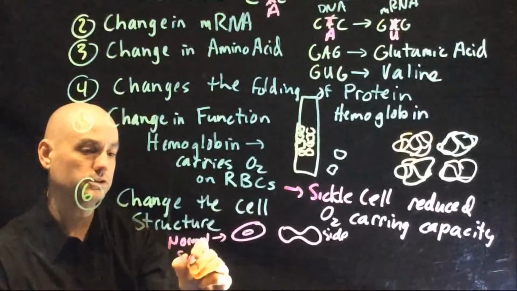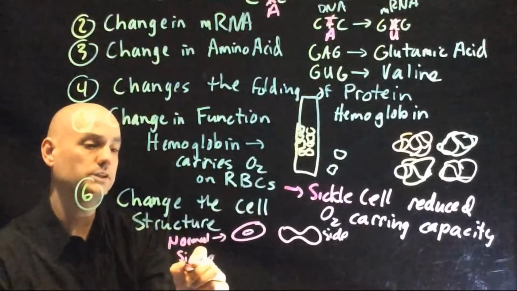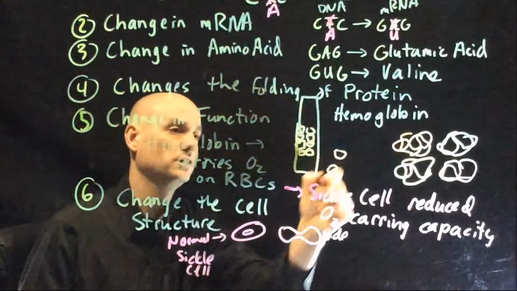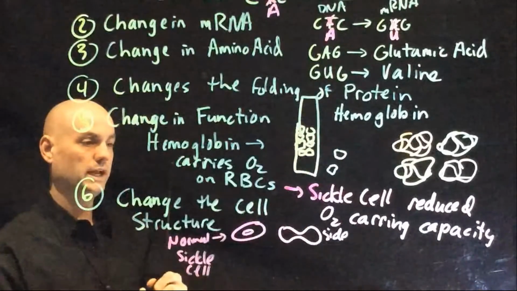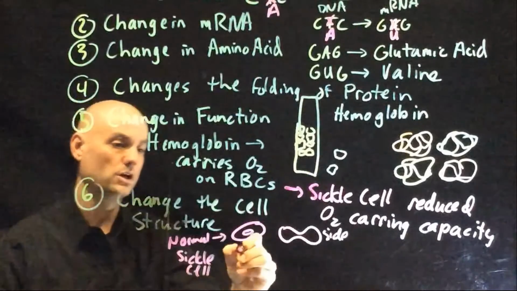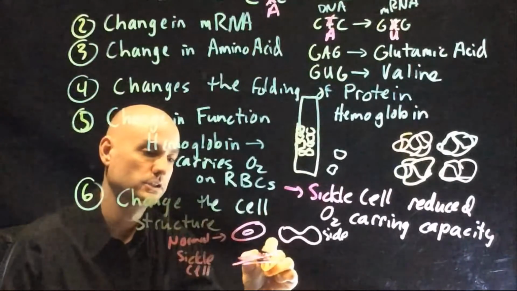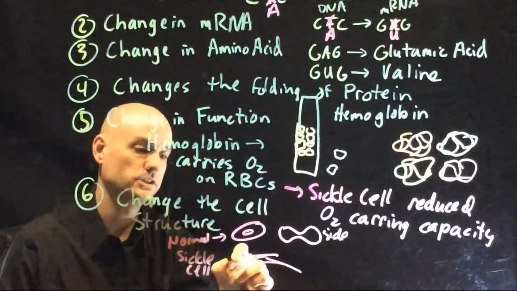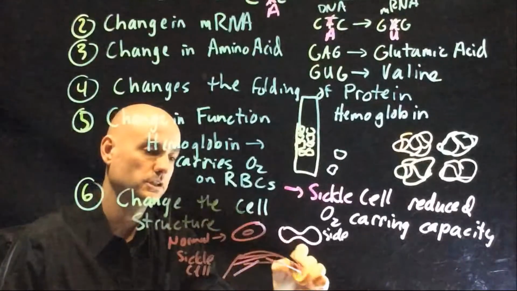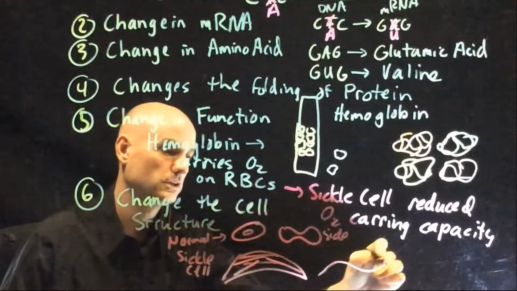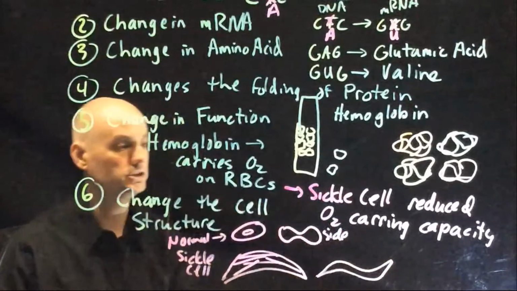Okay, but sickle cell, and remember what's happening inside of a sickle cell. We're forming these rods instead of these small groups. So these rods are very long on the inside. Very, very long rods. And they also tend to stick to each other, so you form this sickle cell, or sometimes this kind of shape.